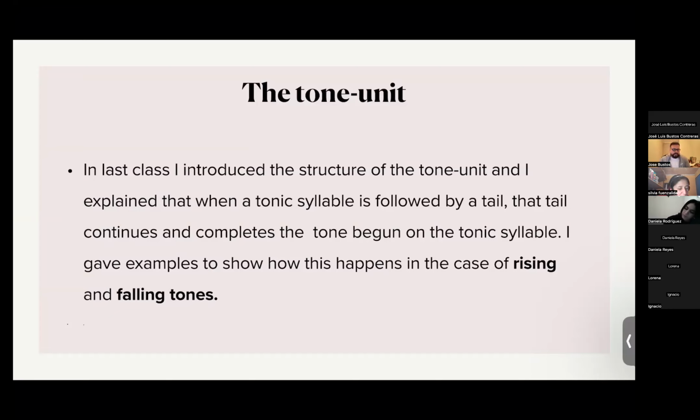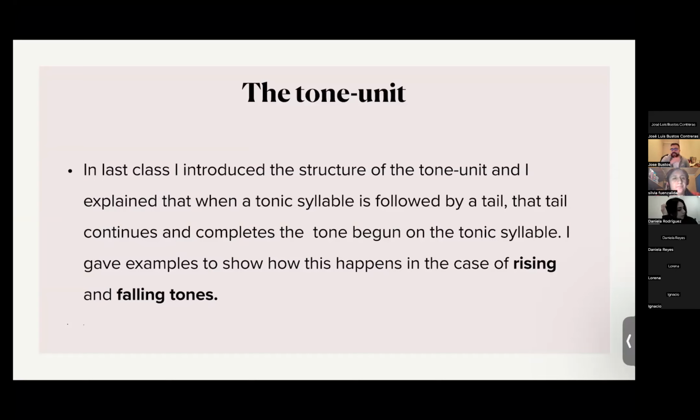So I explained that the tonic syllable is followed by a tail. Remember that. And the tail continues and completes the tone begun on the tonic syllable. And also I gave examples to show how this happened in the case of rising and falling tones.